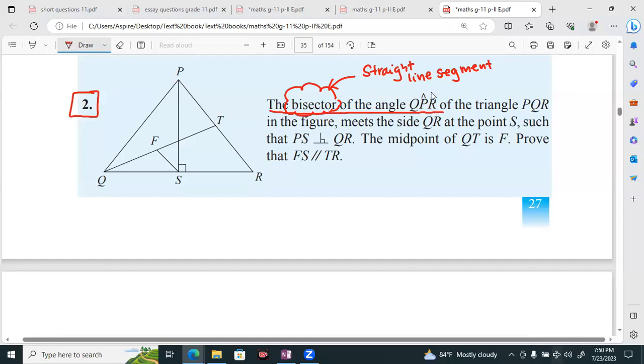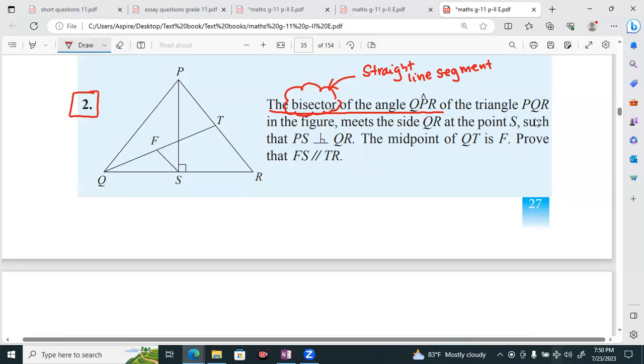Bisector of the angle QPR means it divides the angle QPR into two equal parts. That means two equal angles. If QPR is equal to 2x, then the angle either side of the bisector is x.